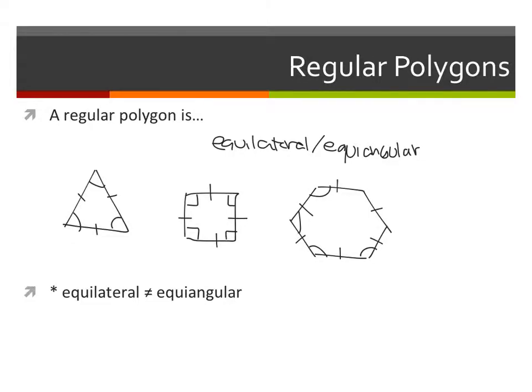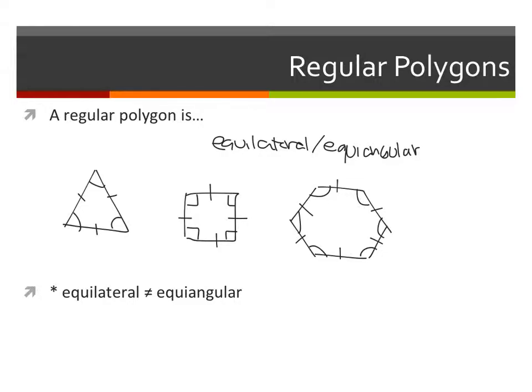But we need to make sure we don't make the mistake of saying that equilateral just means equiangular in general. Yes, it is true for triangles, but it may not be true for other polygons. Can you think of a shape that is equilateral but not equiangular? CJ?